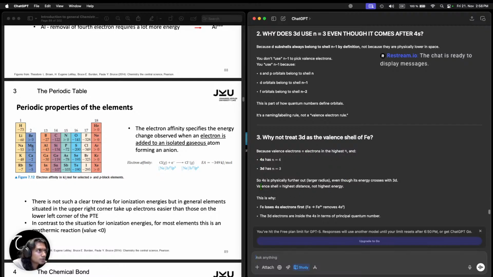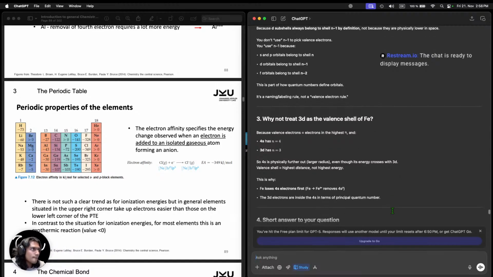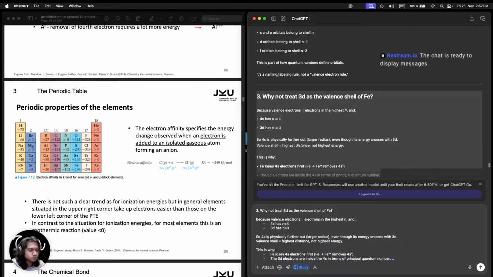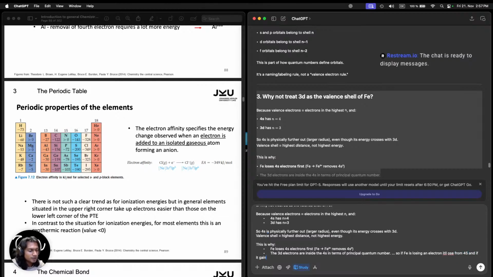Because valence electrons... If it loses 4 electrons first, it'll lose from 4s, and if it's gaining an electron, it'll go to 3D.